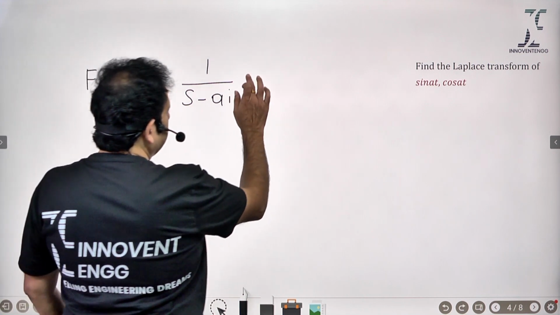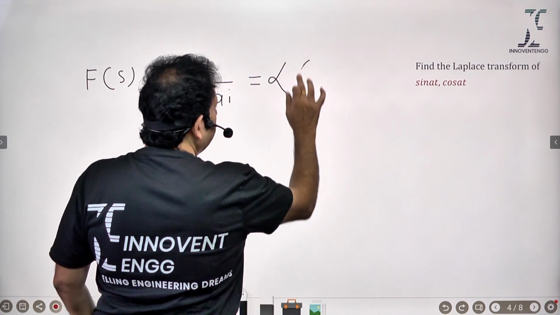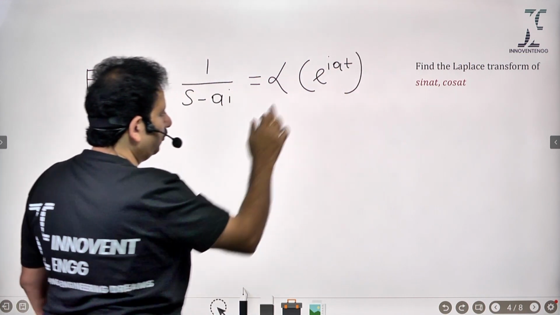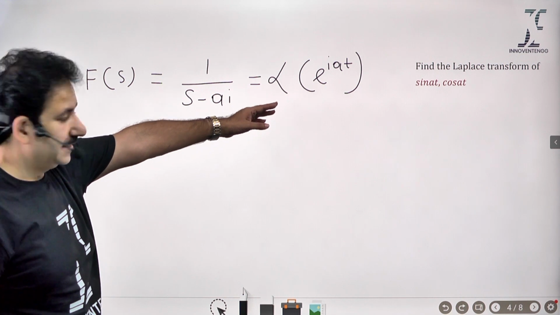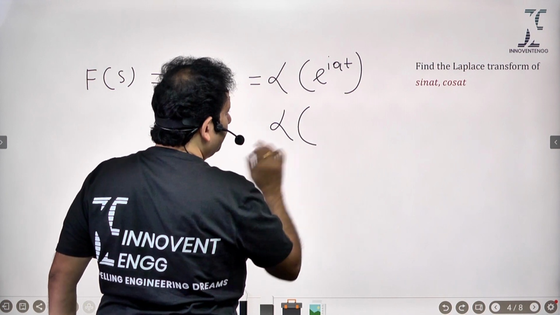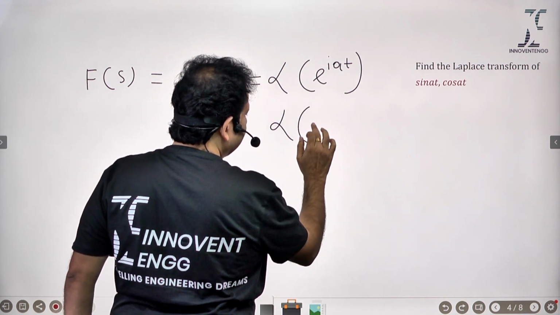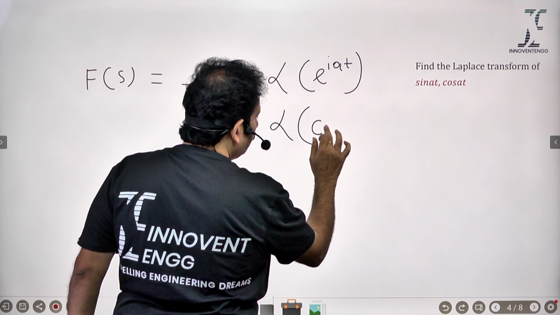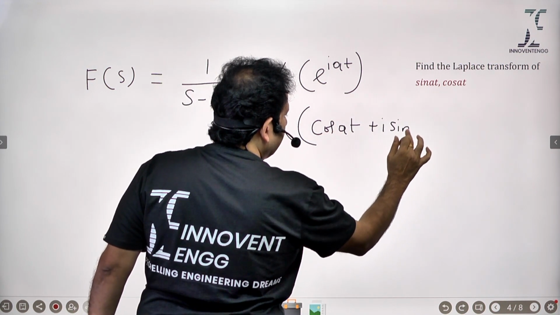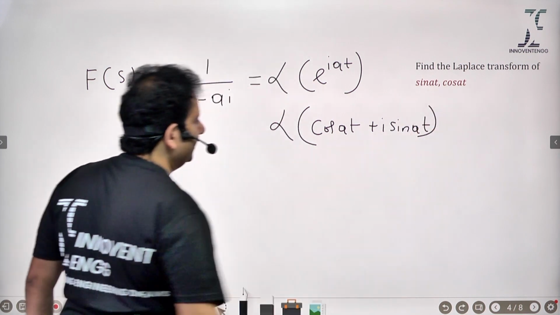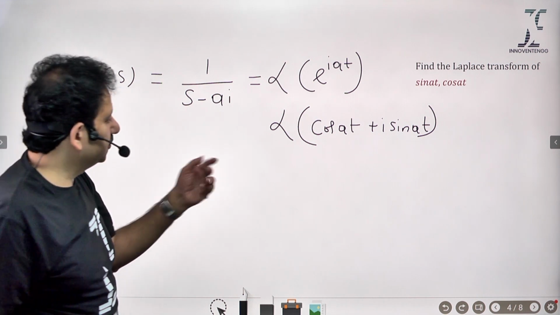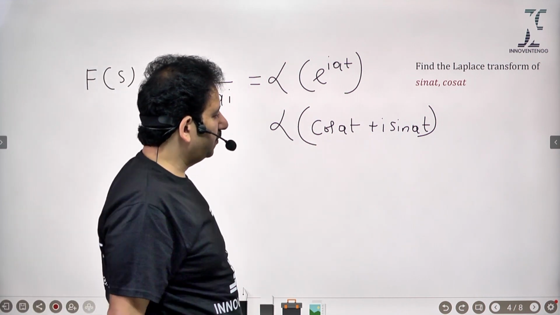Because I am seeking the Laplace transform of e power i a t. Remember, this is what I have achieved, right? Can I rewrite this as the Laplace transform of cos at plus i sin at? Am I right? Cos at plus i sin at. Now if you apply the rule of linearity, because it's a linear operator, each term can be operated separately.